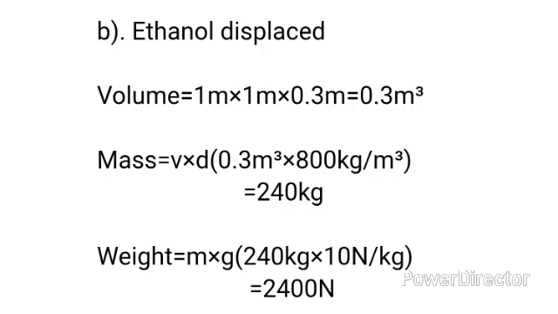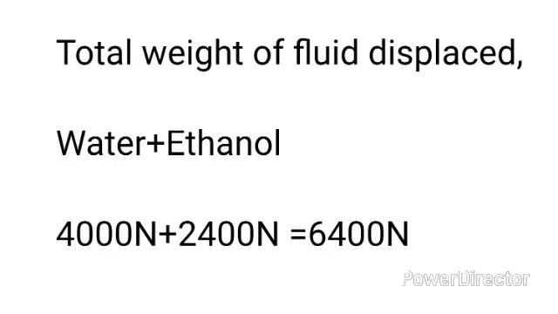Now we multiply that by the density of ethanol, which is 800, to give us 240 kilogram as the mass. Now we take that mass and multiply by the gravity, which is 10, to give us 2,400 Newton as the weight of the ethanol that was displaced.